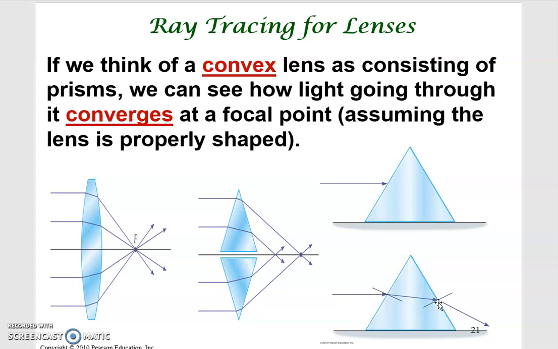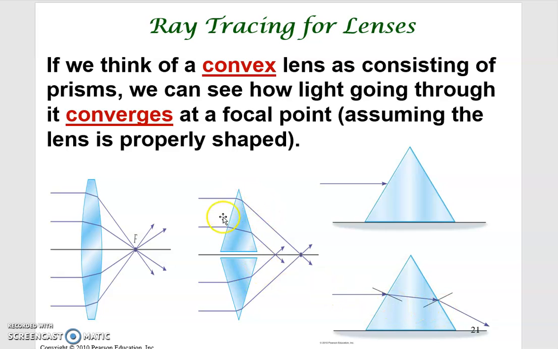Now they are leaving the prism, which means you are leaving an environment with a high index of refraction to a low index of refraction. So now the light will be bent away from the normal line. Here I already drew the normal line for you for each interface.